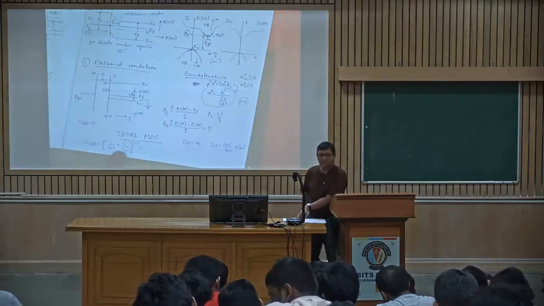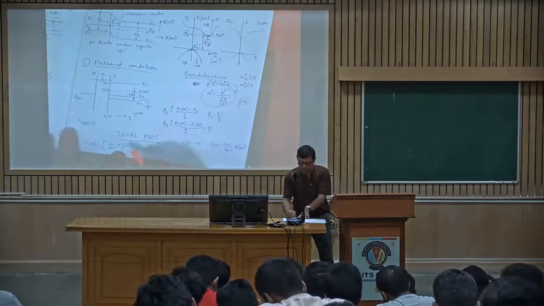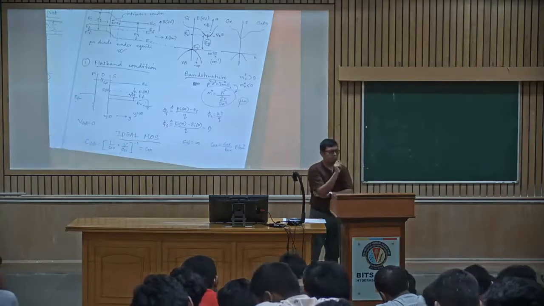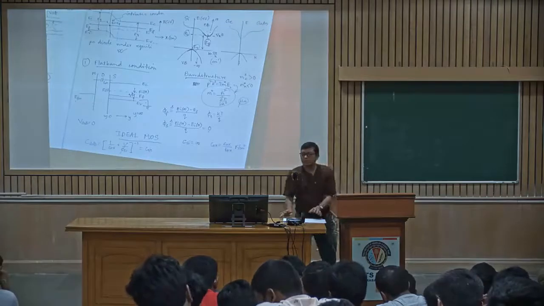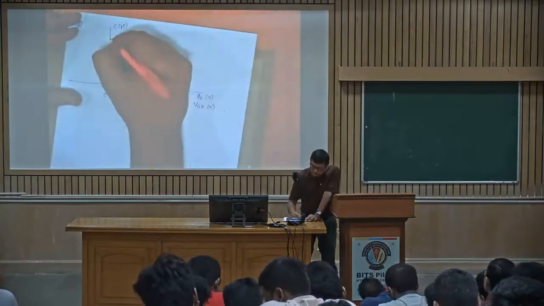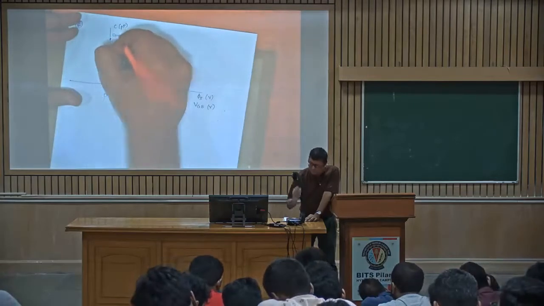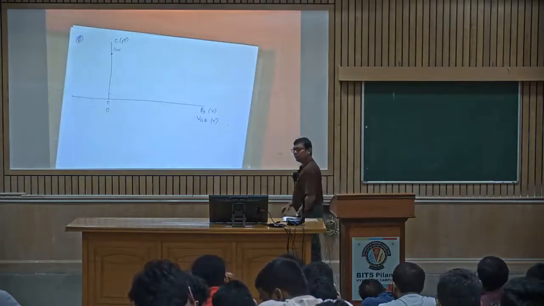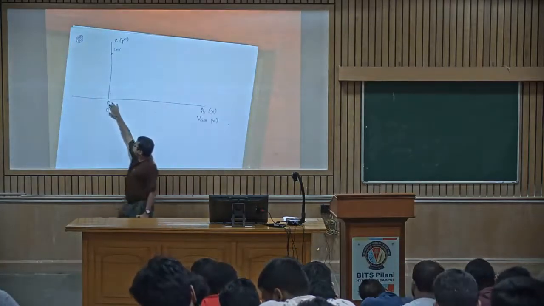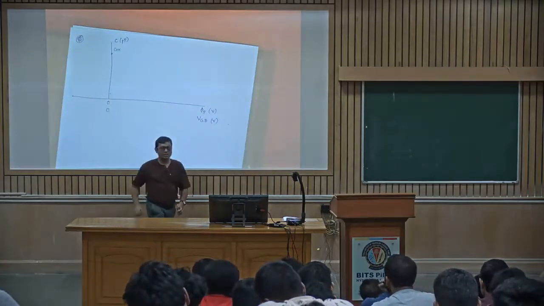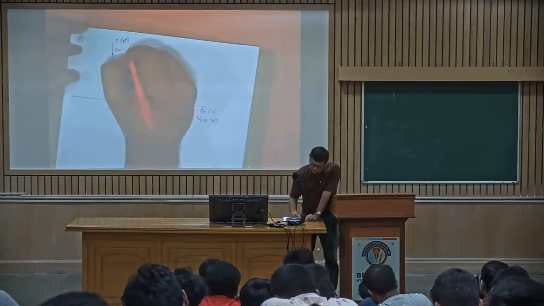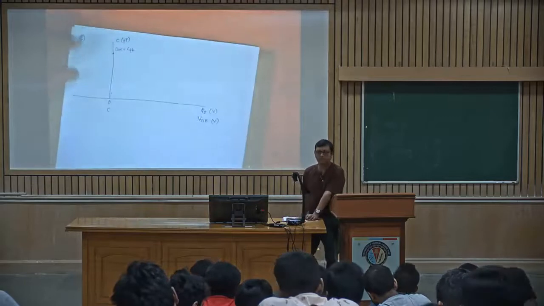Obviously CSI is infinity right now. Understood? So what do we draw here? Following me? So phi s and VGB both are equal to 0. What is the capacitance? Cox. That is also called the flat band capacitance. Make sense?